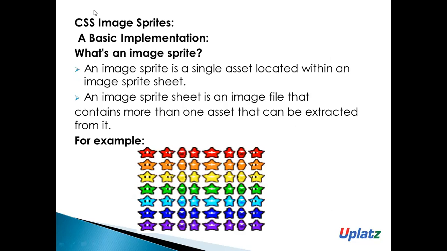So the last topic would be CSS image sprites. What is an image sprite? It's a single asset located within an image sheet. For example, this would be the image that contains one asset that can be extracted from it. This would be extracted from this. This is the original, but the remaining things would be extracted from that image.